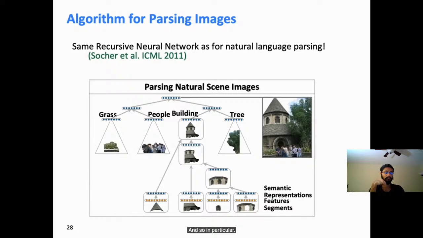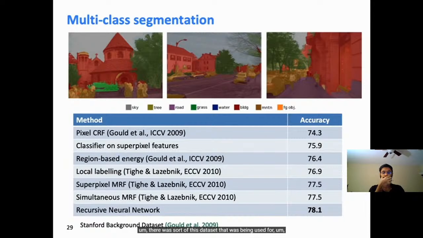In particular, there was this data set that was being used for multi-class segmentation in vision, where you started off with very small patches and then you want to combine them into parts of a scene, recognizing which part of the picture was the building, the sky, the road, various other classes. And we were actually at the time able to do this really rather well using one of these tree recursive structured neural networks, better than preceding work in vision had done in the late 2000s decade.